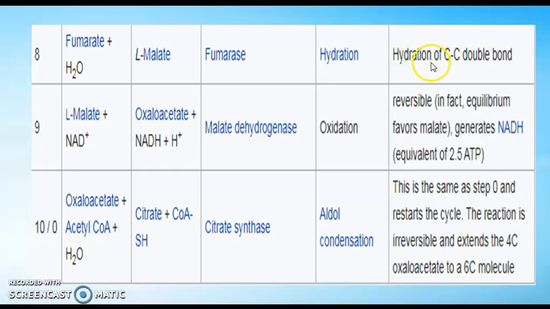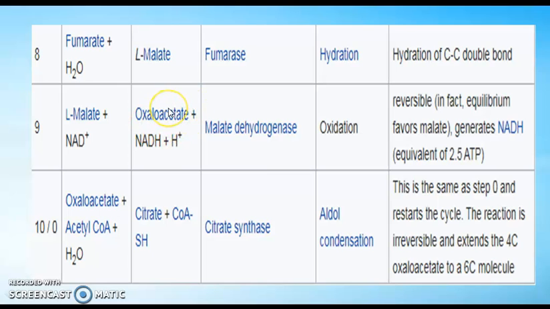The hydration of the C=C double bond occurs. Next, this product L-malate can be converted to oxaloacetate, and here malate dehydrogenase enzyme results in the transfer of electrons. This oxidation reaction occurs and NAD plus is converted to NADH plus H plus. It is a reversible reaction. In fact, equilibrium favors malate, and it generates NADH.